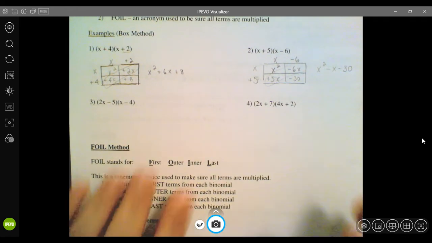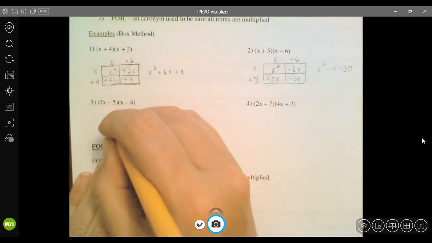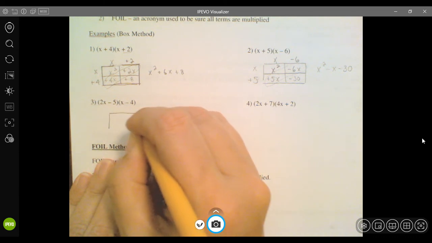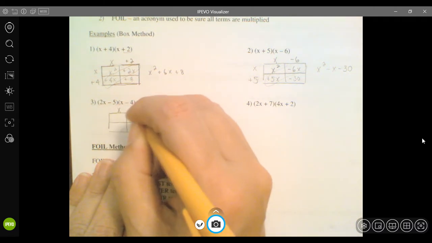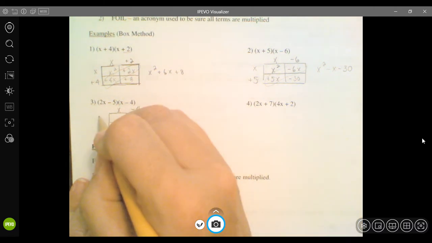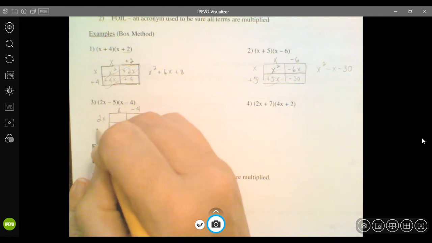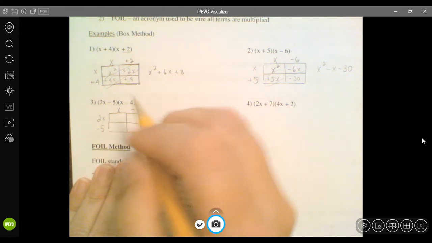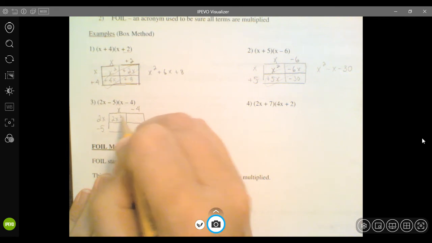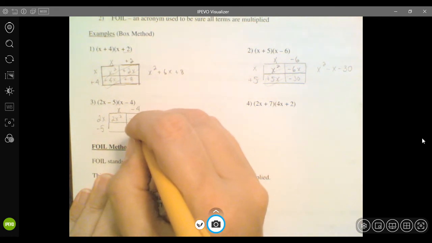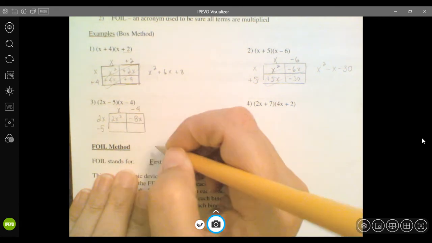All right, so now let's take this a little further and let's use coefficients other than 1. So x minus 4 goes here, and then we'll put 2x minus 5 here. So 2x times x is 2x squared. 2x times negative 4 is negative 8x.